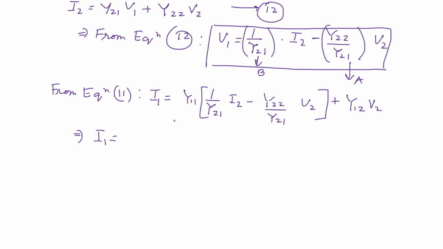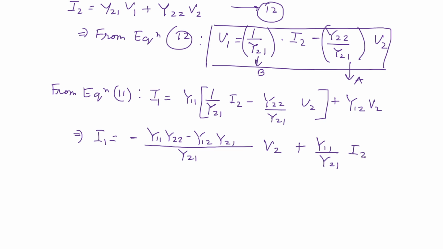So it will be minus y11 y22 minus y12 y21 divided by y21 into V2, and therefore next part y11 by y21 into I2.